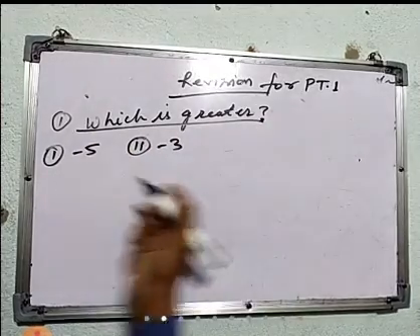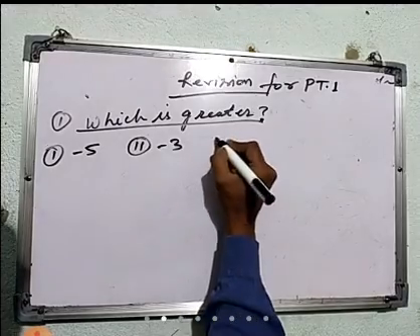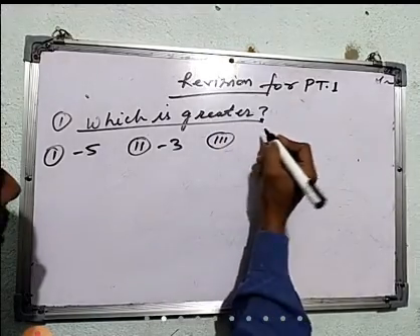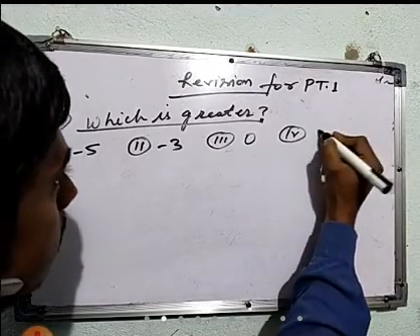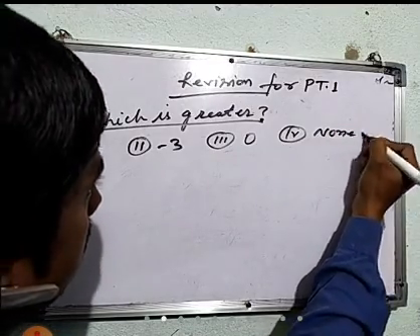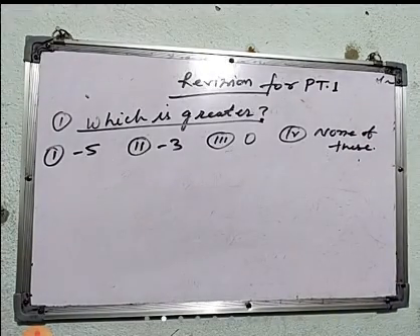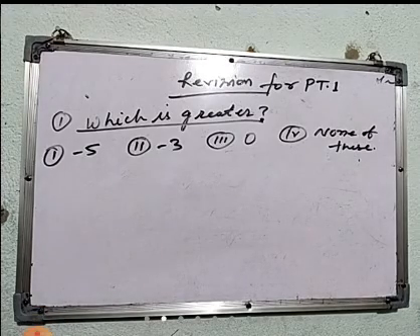Which is greater? -5, -3, third option 0, and fourth none of these. The first question, which is greater, you choose which is greater.